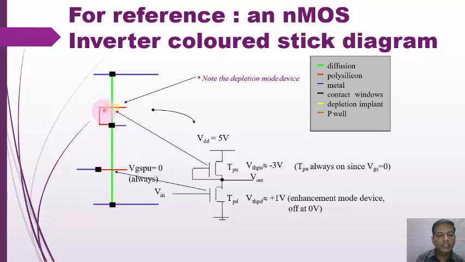Here PMOS gate terminal is there, then NMOS gate terminal is there, and metal and polysilicon contact is there, then source is connected to VSS. Here source of PMOS is connected to VDD by using the blue color, and in between that a black color contact is there.